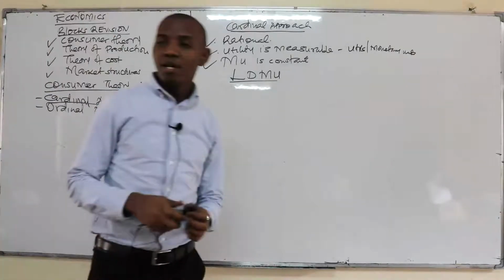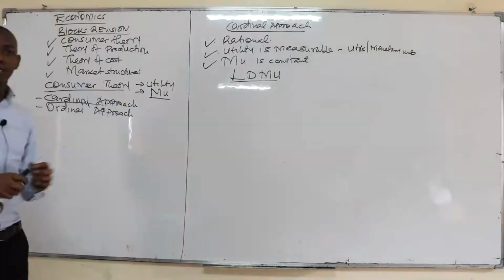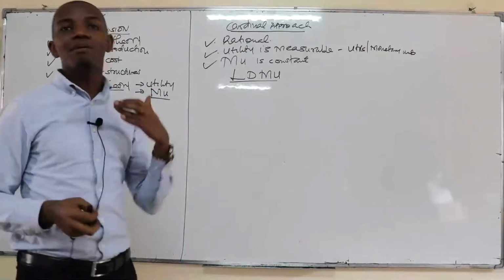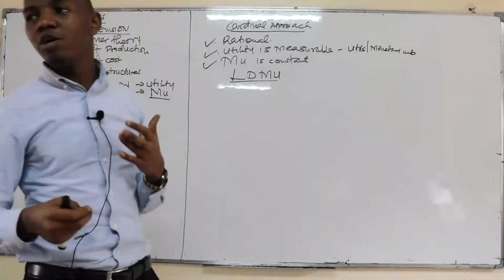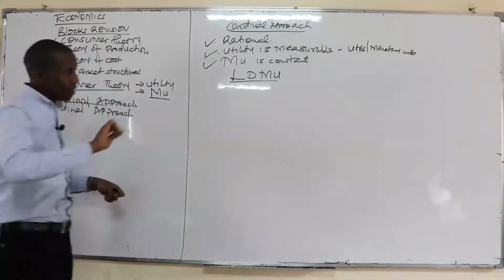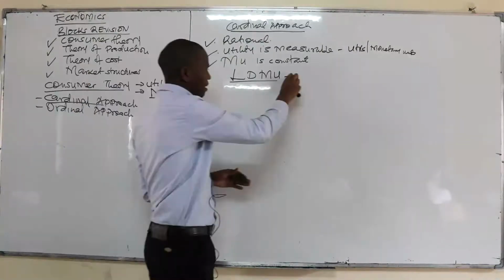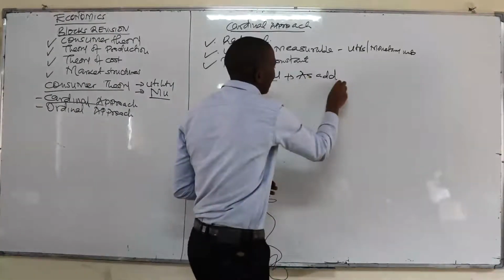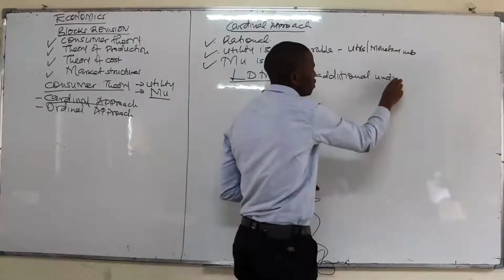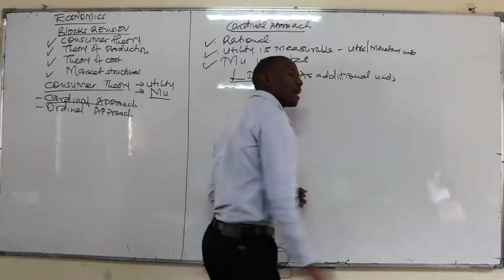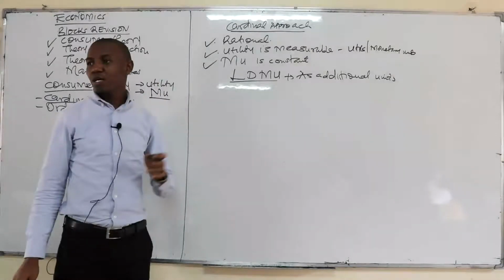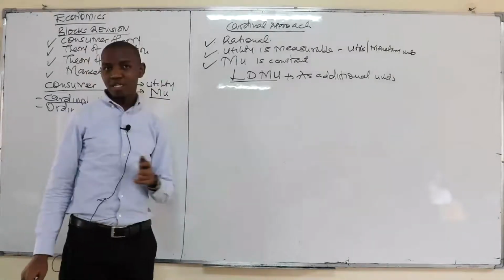It says that as additional units of a commodity are consumed by an individual, the marginal utility of that commodity will eventually decline.